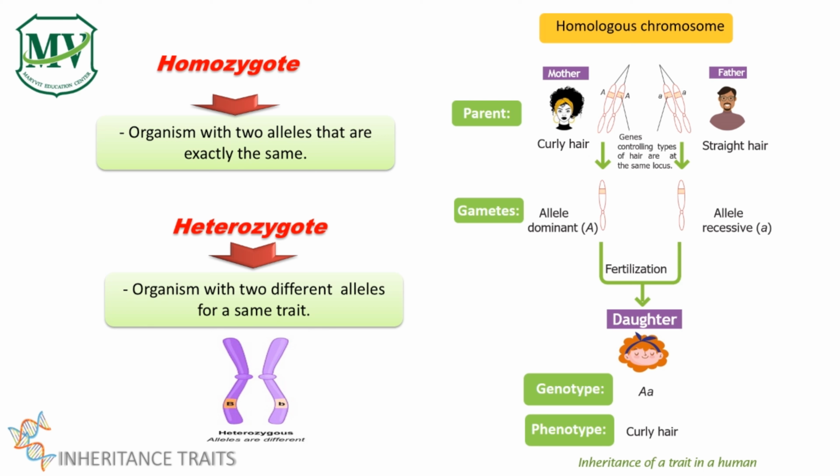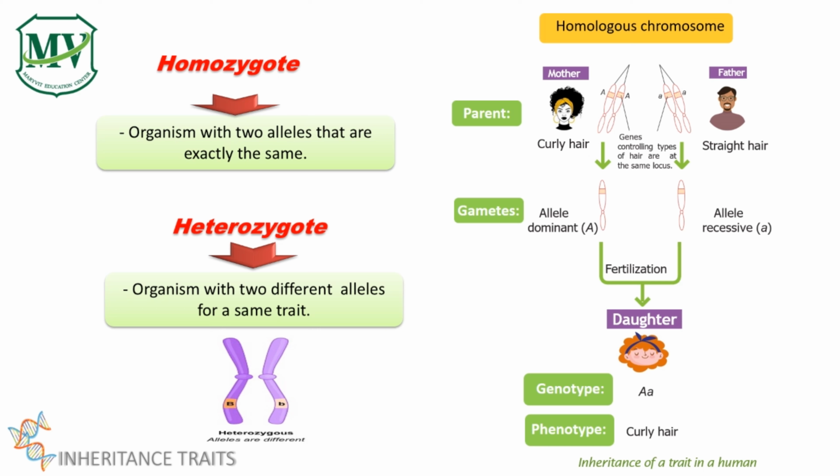Similarly, as there is the presence of a dominant allele, it will typically show its presence and produce a certain phenotype even if there is the presence of the recessive allele. Likewise, we call the genotype of the offspring heterozygous as it has a combination of two different alleles and will have a phenotype of curly hair.